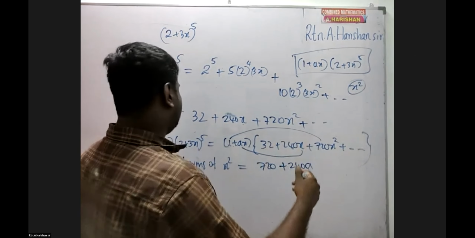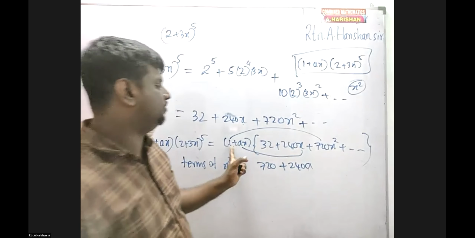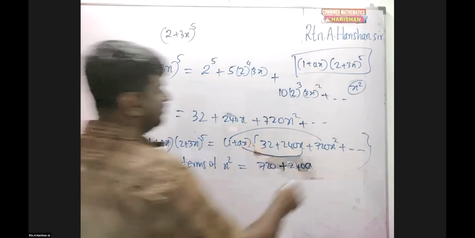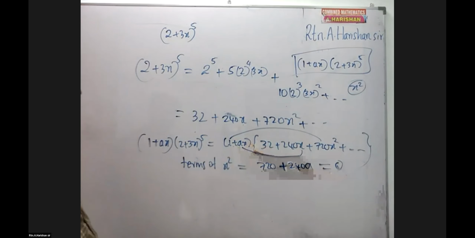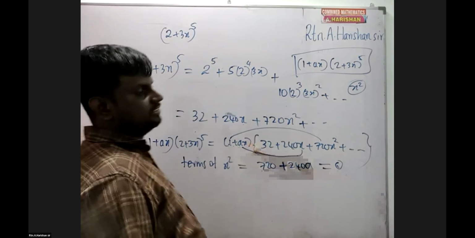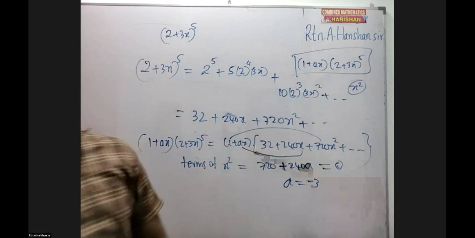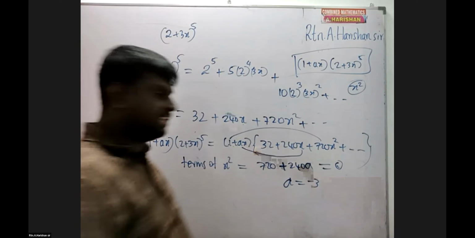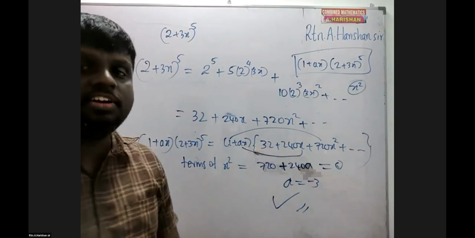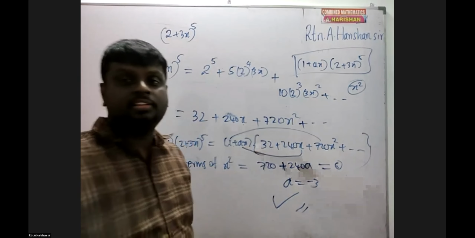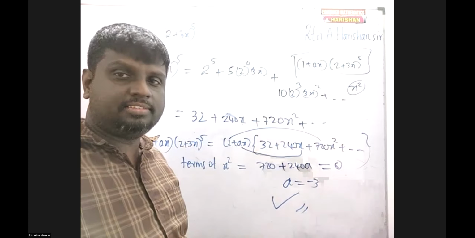Any other way to get the x squared term? No, only those. So that is equal to 0, so a will be -3. Is it -3? Yes, correct. If anyone got -3 as an answer, that's correct. Is it clear? Anyone got -3 as an answer? That is correct.